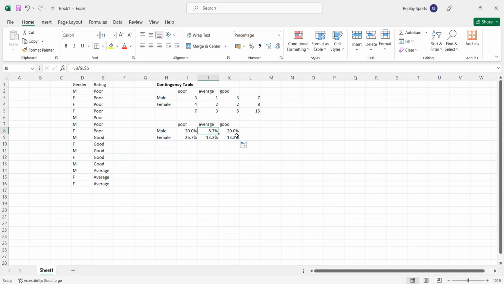I randomly generated these numbers. This is what it says: male mostly gets good rating, and female mostly gets poor and average rating. So this is what you can generate when you have two categorical values. This is very similar to your frequency table, but in two dimensions. The frequency table was one-dimensional, here there are two.